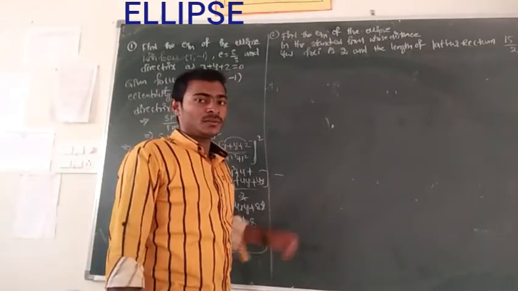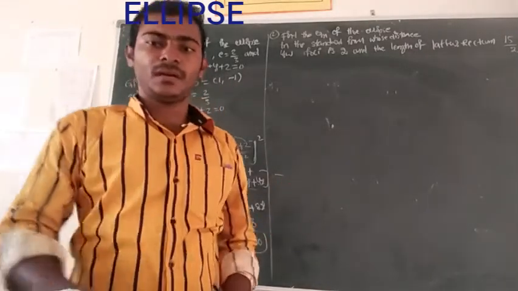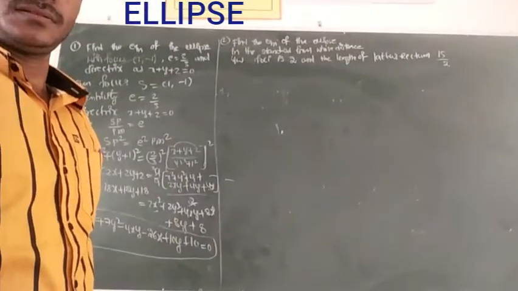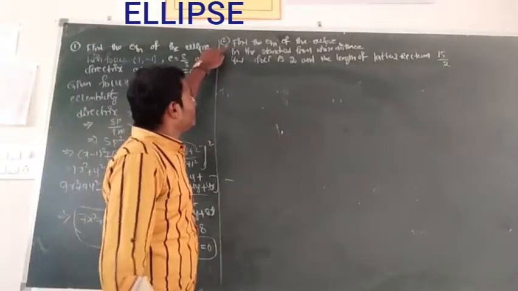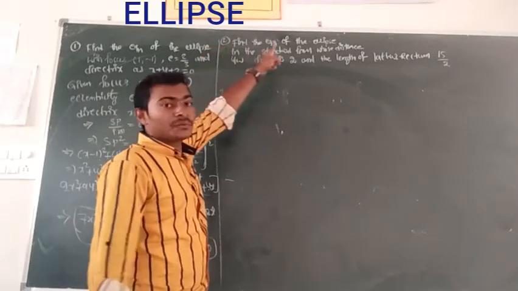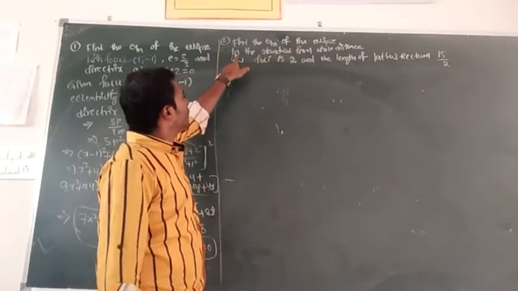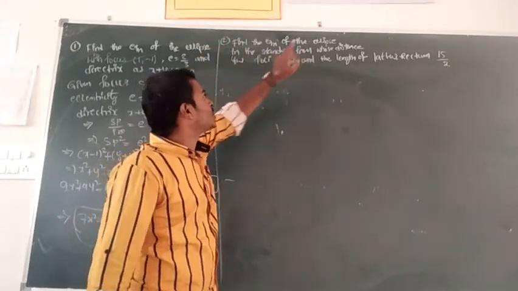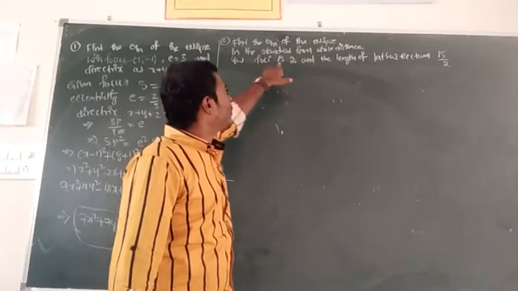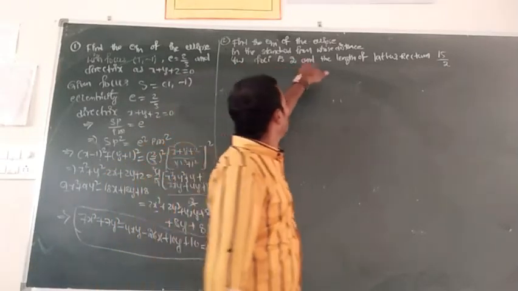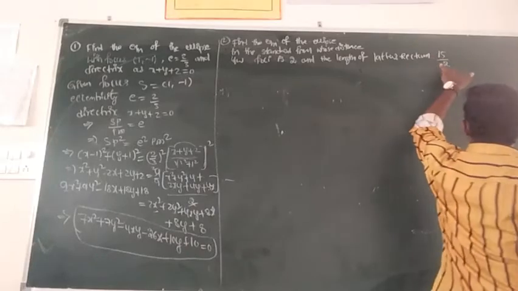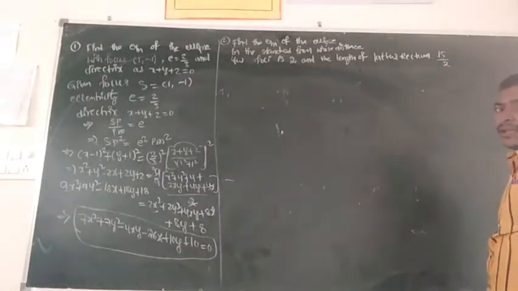Coming to the next problem: find the equation of the ellipse in the standard form whose distance between foci is 2 and the length of latus rectum is 15 by 2.